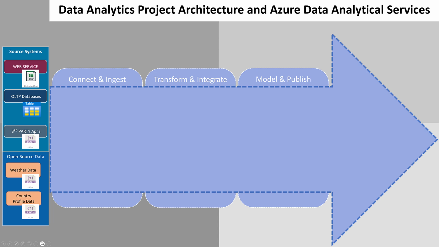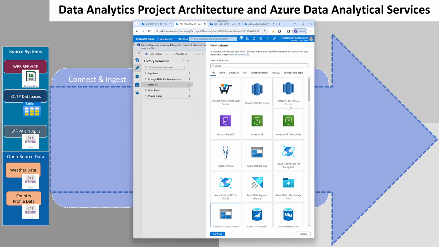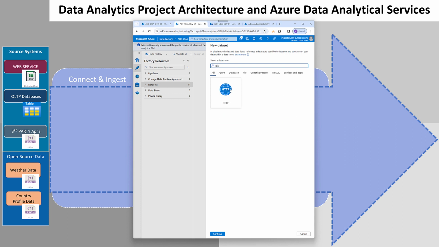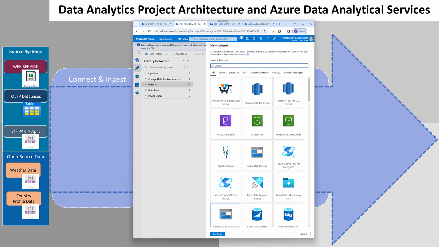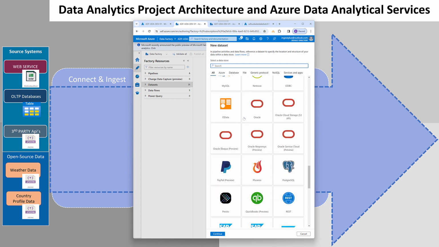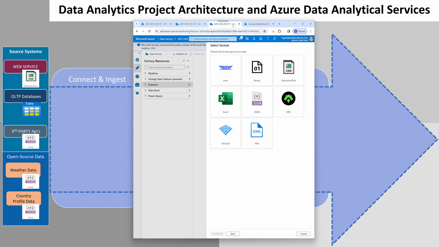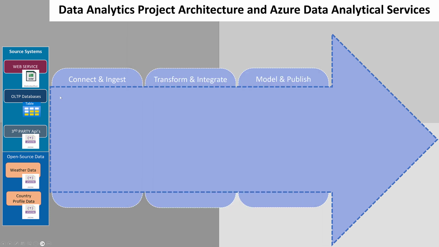Azure Data Factory naturally can fit into this operation, because whatever the source system, Azure Data Factory already has the connector for most of them. There are around 100 plus source systems you can connect to using Azure Data Factory. Data Factory is also able to handle the different data formats. So Azure Data Factory will be the ideal choice for connecting to the multiple source systems and extracting the data.